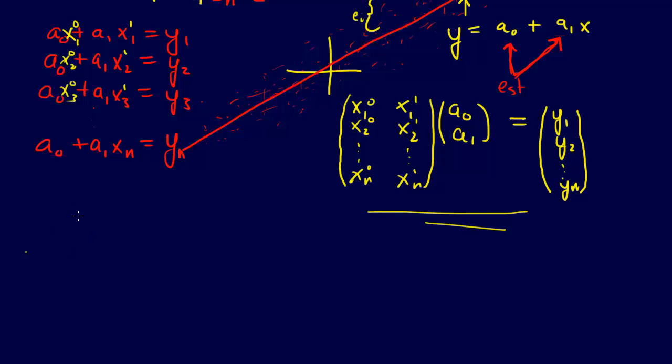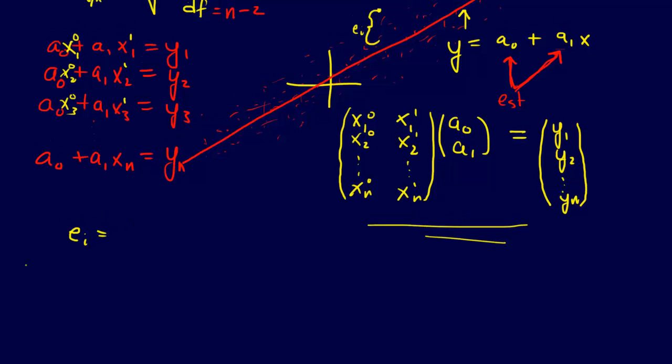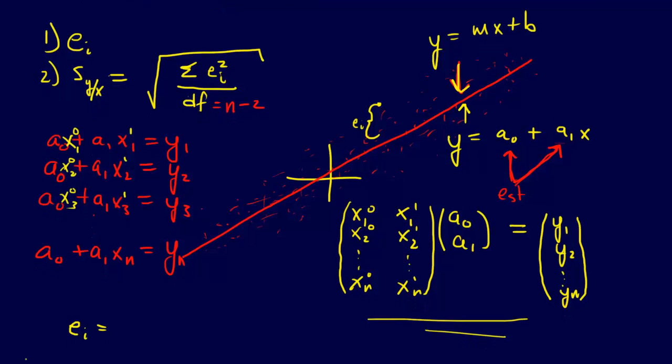Alright, so I changed my mind. I want to write out the equation for the error. And so the equation for the error, e_i equals, well, we know what e_i equals, but let's sum up all the errors.